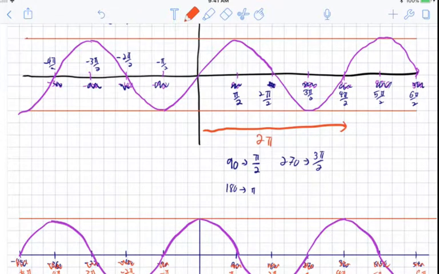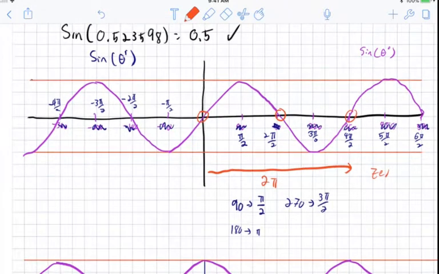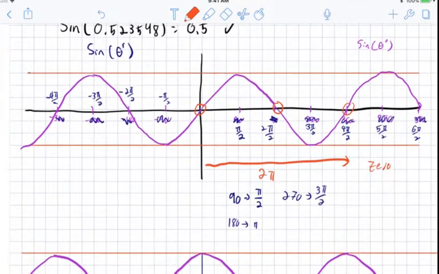So this is sine. Sine is going to have roots when theta is some multiple of pi: 0 times pi, 1 times pi, 2 times pi, 3 times pi, minus 1 times pi, minus 2 times pi.